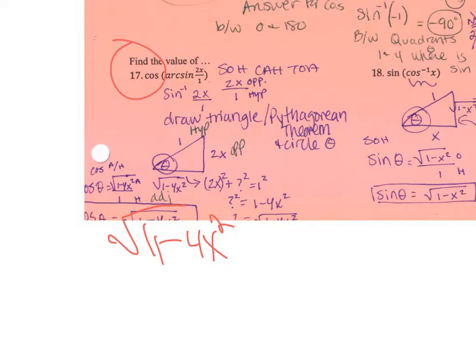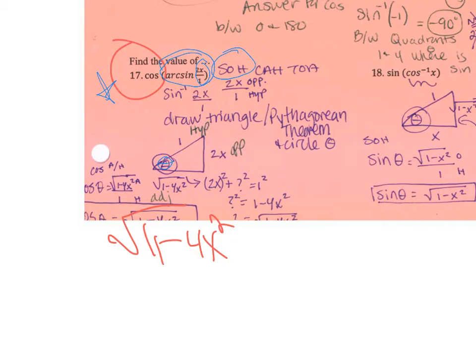Lastly, let's look at one of the variable problems. Okay, so we start first inside out. So we start with arc sine 2x over 1. Make this value a fraction if it's not. So you can always throw anything over 1. So we're trying to find theta or an angle. We don't know the exact value right now, so we're just going to make a right triangle. So we know sine is opposite over hypotenuse, so we're going to make a little right triangle.